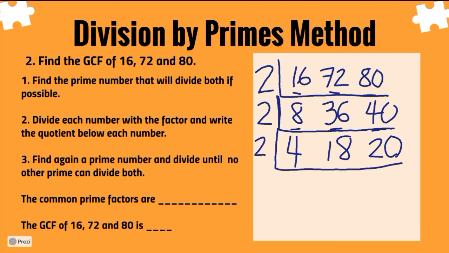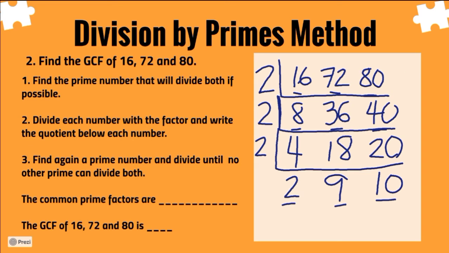So, 4 divided by 2 is equal to 2. 18 divided by 2 is equal to 9. And 20 divided by 2 is equal to 10. Okay, so 2, 9, and 10. So, ang 2, 9, and 10 are relatively prime na. Kasi wala nang ibang common sa kanilang tatlo kundi 1.